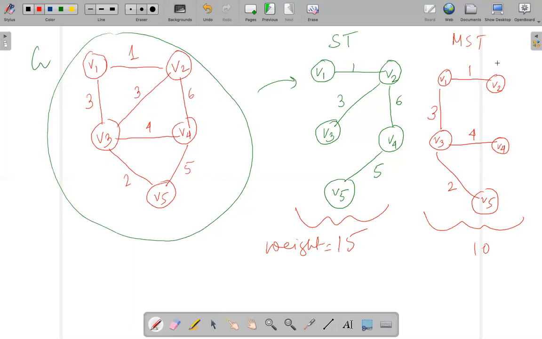There is one more, and your homework is to find the other minimum spanning tree. This one is one spanning tree, and there is another one which is of exactly equal weight and is also a spanning tree. Just find that out, that's a homework. So this will make the idea more clear.